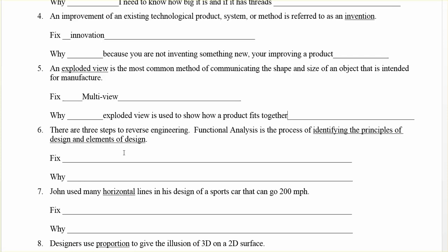All right, there are 3 steps to reverse engineering. Let's just talk about what those 3 steps are. We start off with the visual analysis, then we go to the functional, and then we go to the structural.